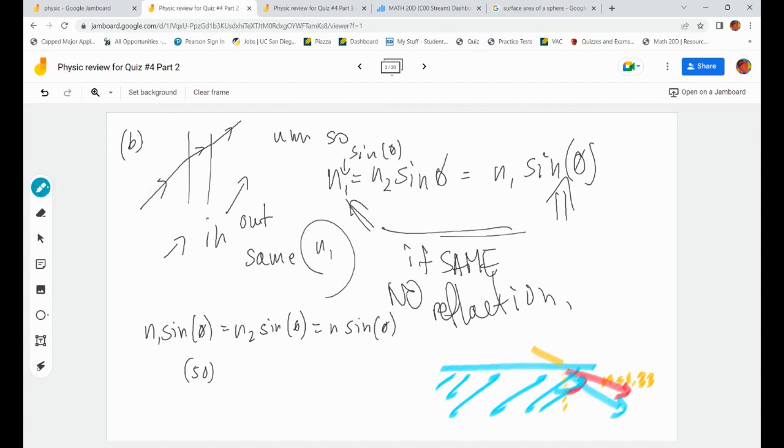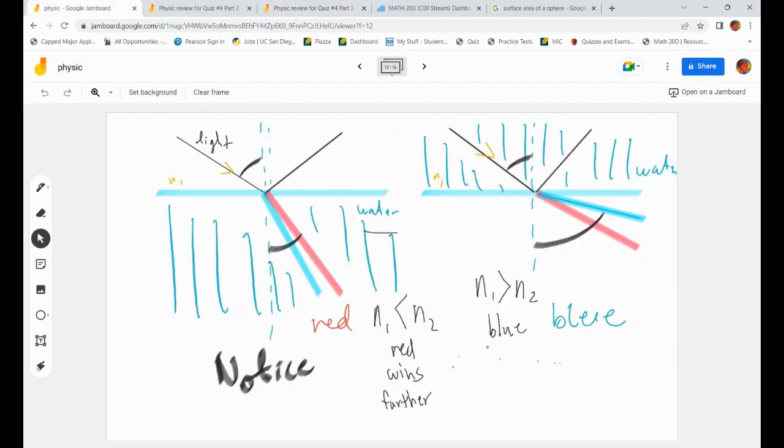Okay, so that's how you do it. And if water is at the top and light comes in over here, the knowledge that if we have this, blue is first and then red, as we have seen over here.